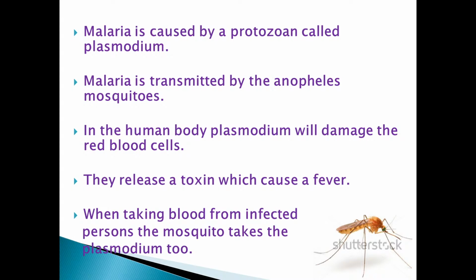As for how it is moved from one organism or from one living thing to another, it is transmitted or moved by mosquito. And again, as to the type of mosquito, it is definitely the Anopheles mosquito. Because there is another type of mosquito that is called the Aedes aegypti mosquito.